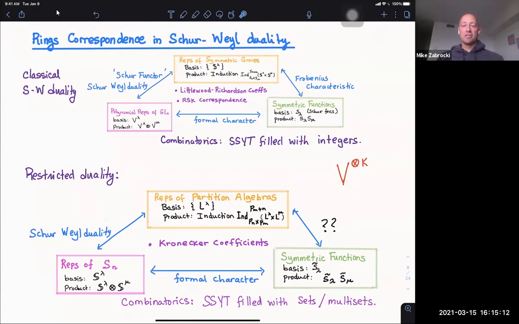But I do actually think that the Frobenius characteristic is exactly what you would think it would be: it maps a partition algebra element to this basis. That observation that you made about the restriction and having these representations of the partition algebra, and in those representations that we were defining, I think that's the correspondence.